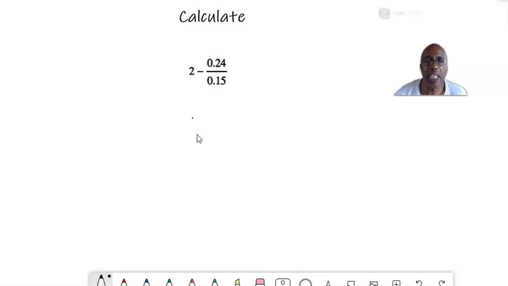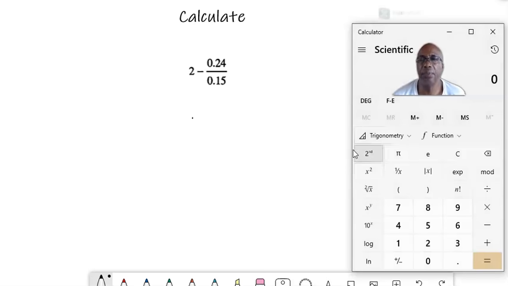So it means that you must get the answer for 0.24 over 0.15 and subtract it from 2. But you can do all that one time with your calculators. And that's why you have to know how to use your calculators to do these calculations.